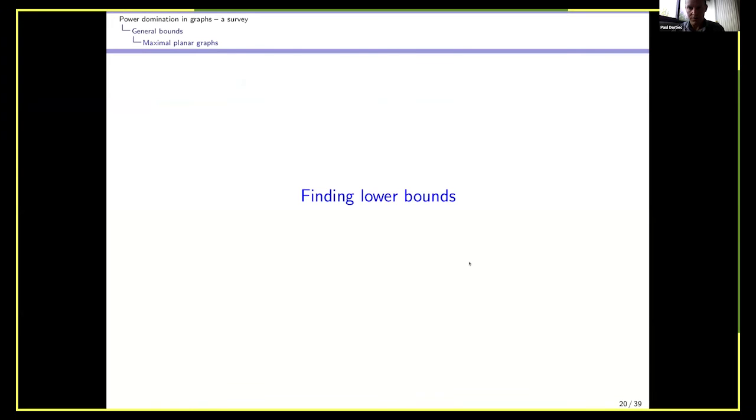Okay, and so now the more interesting question is how to find lower bounds. So I've proved upper bounds. Finding an upper bound is just saying, if we construct the set like this, I know it will power dominate the graph, and so I have some upper bound. Finding lower bounds with power domination is much harder, because with this propagation behavior, we get some trouble lower bounding the graphs.